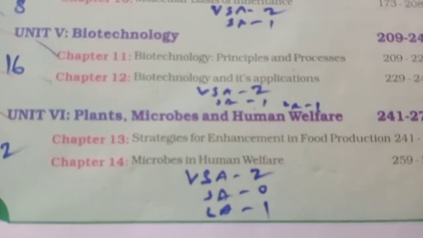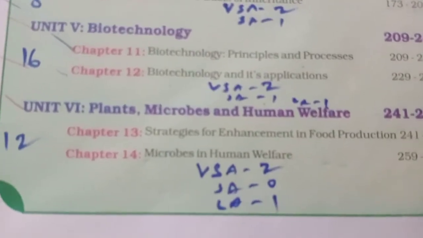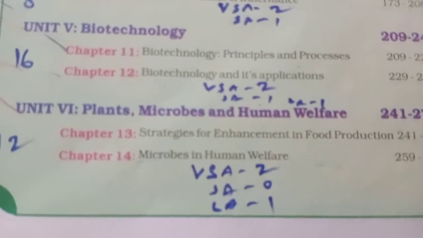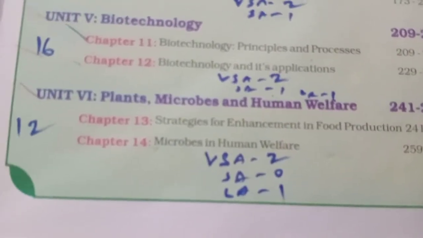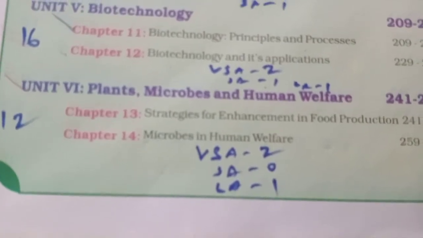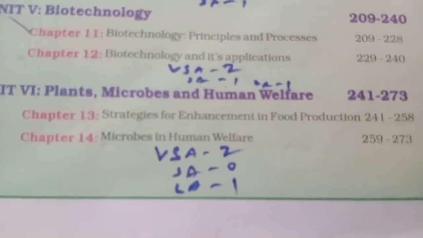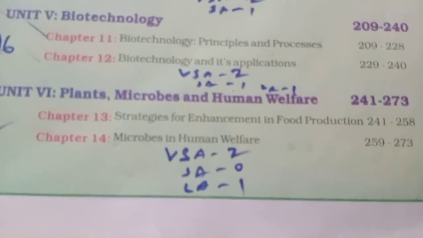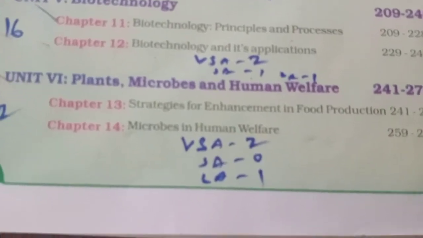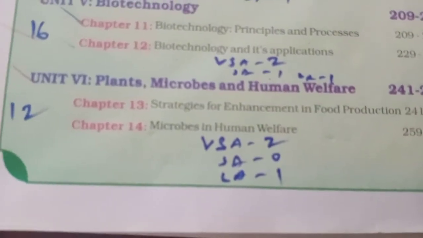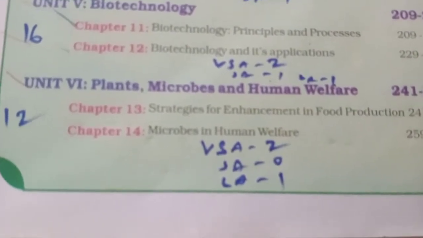Here, in the second unit we studied bacteria and viruses, and also algae, fungi, and other microorganisms, and in which way they help human welfare. Here there are strategies for enhancement of food production. How can we produce a lot of food within a short period by using microbes and other technologies. Next, microbes in human welfare.